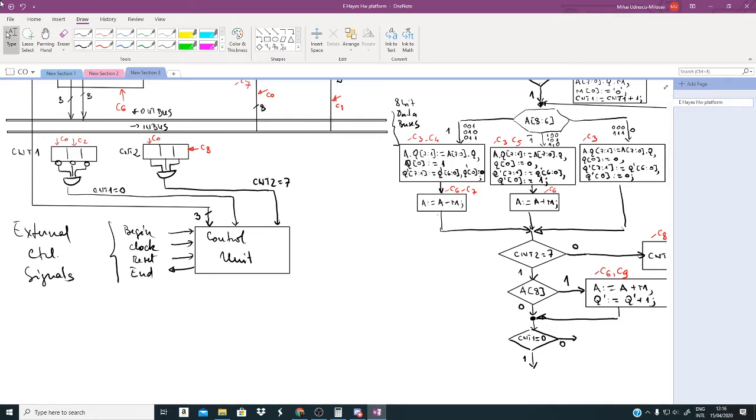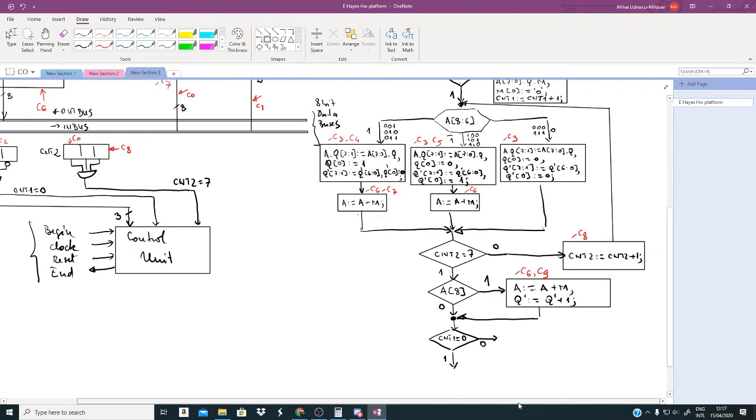So right now, what we do here is that we shift through register A to the right.